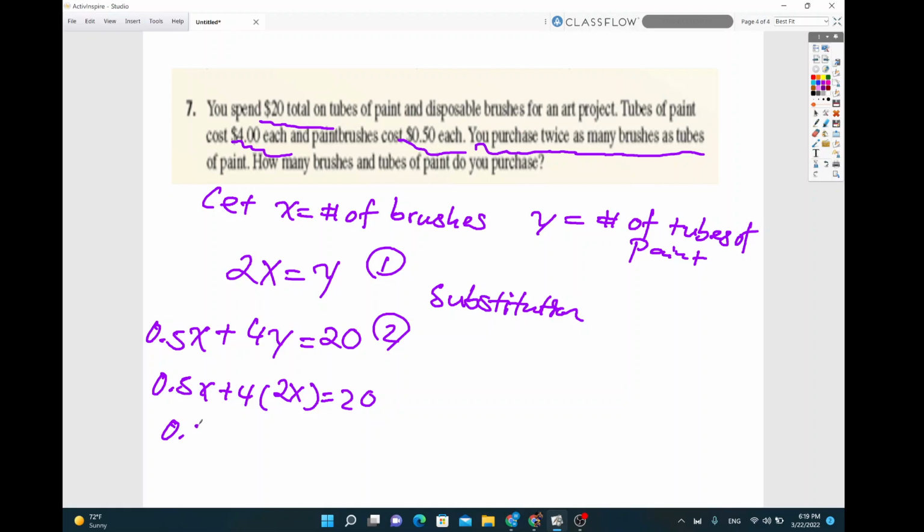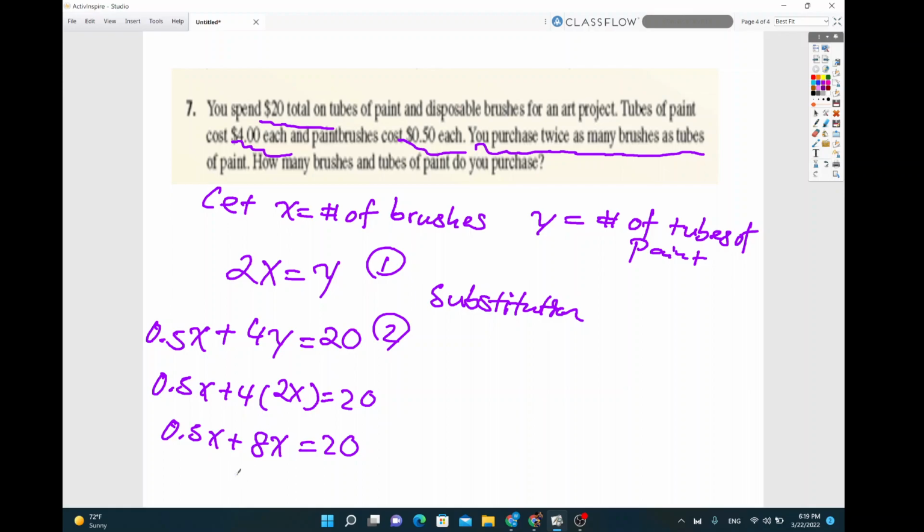So what we found here is 0.5x plus 8x, so that equals 20. What's 0.5x plus 8x? Then that'll be 8.5x. And then you divide everything by 8.5. So 20 divided by 8.5.